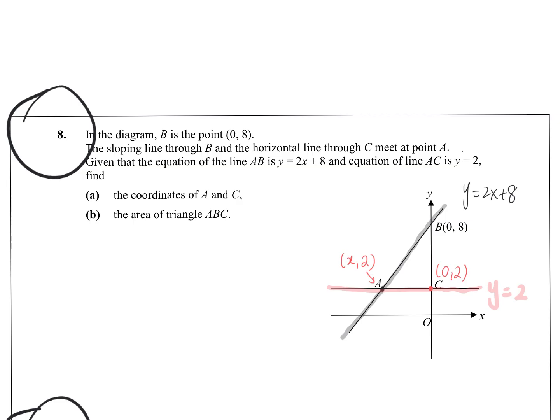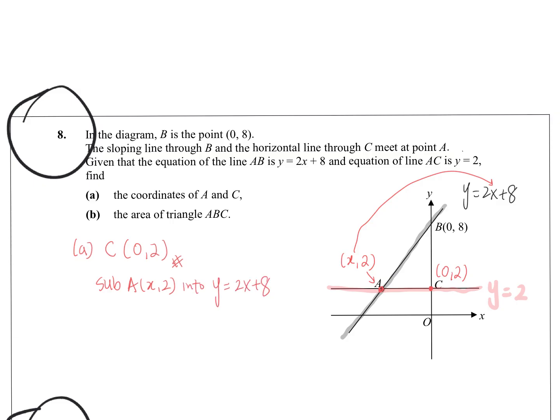Then next, it says, can you tell me what's the coordinate of A and of C? C, I know is 0, 2. So write first. A, I need to solve. So to solve this point, I sub A into the equation y equals to 2x plus 8.